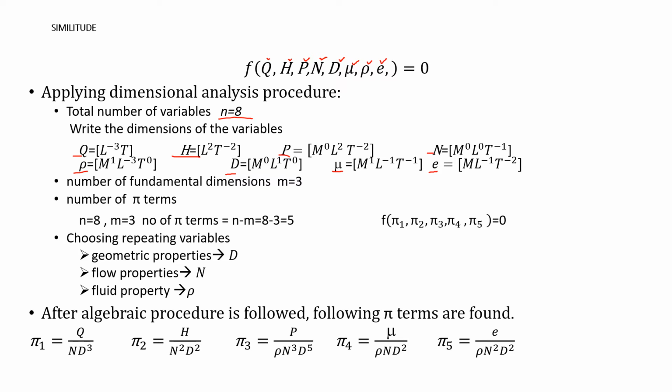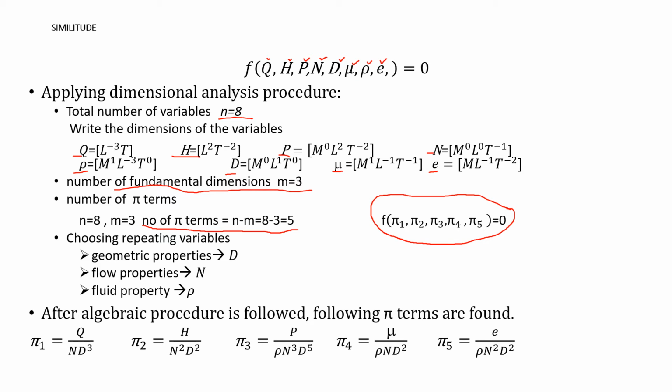So the total number of variables is 8 and the number of fundamental dimensions is 3. The number of pi terms is n minus m, 8 minus 3 is equal to 5. So I can group these variables in such a way that I get 5 pi terms, meaning dimensionless groups.